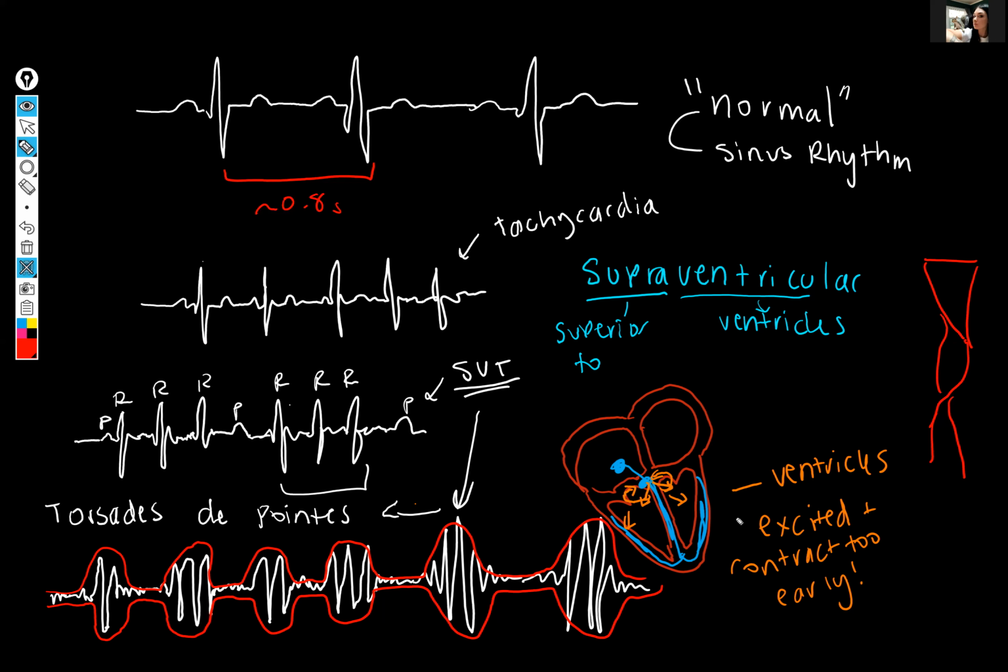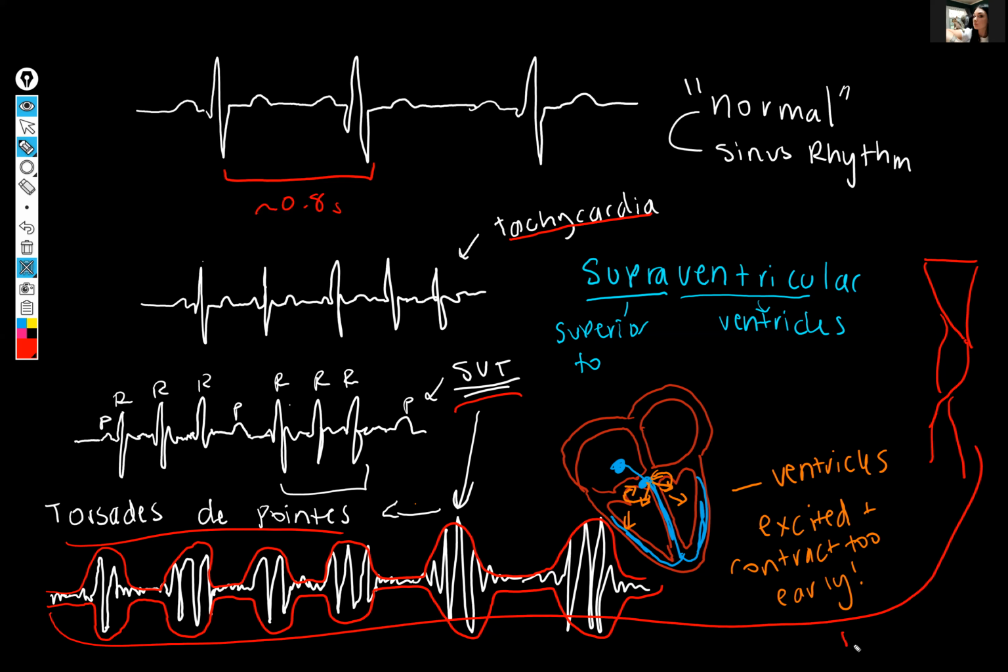It goes down really far. So let's say both tachycardia and SVTs and torsades all cause decreased cardiac output, and decreases in cardiac output are by definition dangerous, and you want to avoid those.